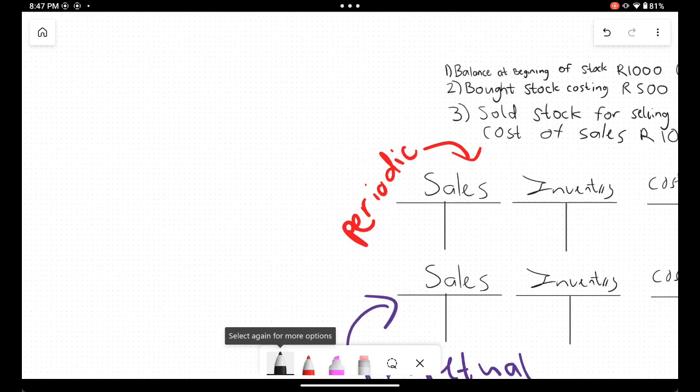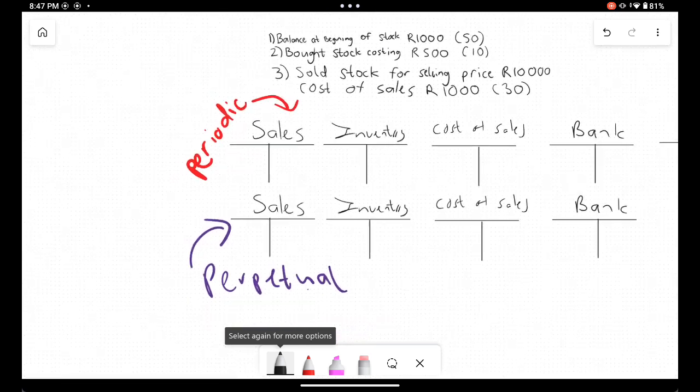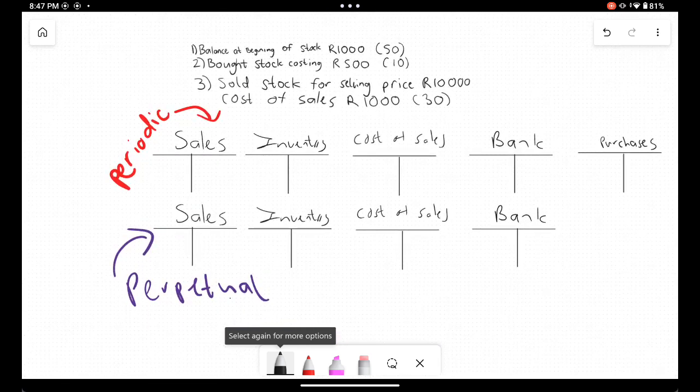So in a month, I'm just going to explain to you how this works. Let's say the business starts in January and ends in December. In January, he buys stock and so on. On 31st January, at the end of the month, with the perpetual you don't have to touch anything.